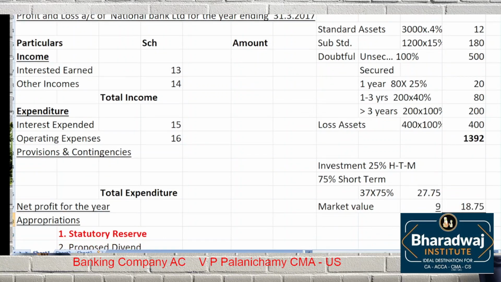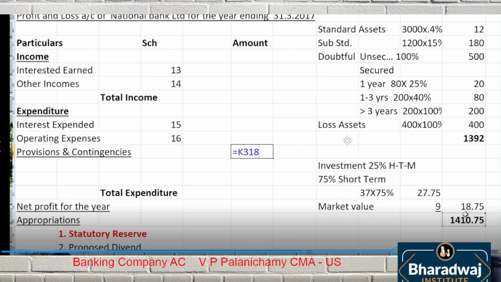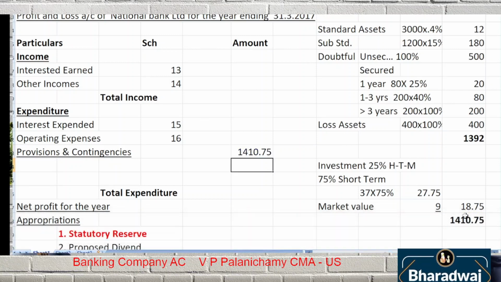So we have to create a provision for that also. Short term investments should be valued at cost or market price, whichever is less. Cost is 27.75. Market value is 9 lakhs. So 18.75 lakhs is the reduction in the value of short term investment.